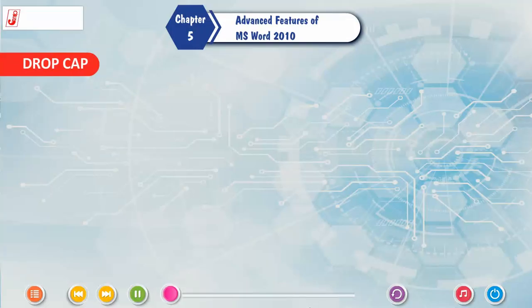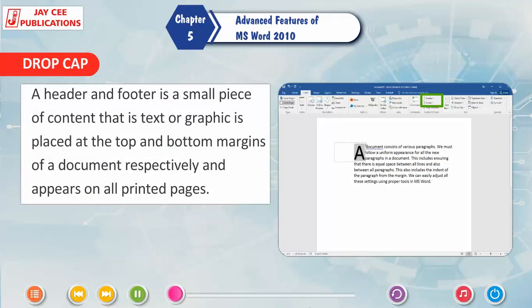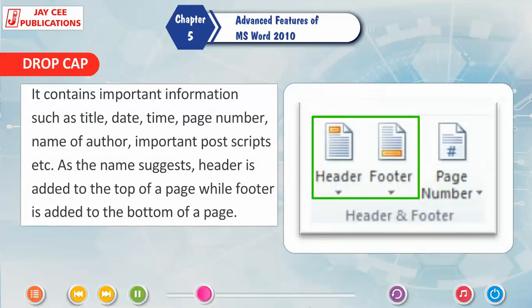Header and footer. A header and footer is a small piece of content, that is, text or graphic, placed at the top and bottom margins of a document respectively and appears on all printed pages. It contains important information such as title, date, time, page number, name of author, important postscripts, etc. As the name suggests, header is added to the top of a page while footer is added to the bottom of a page.